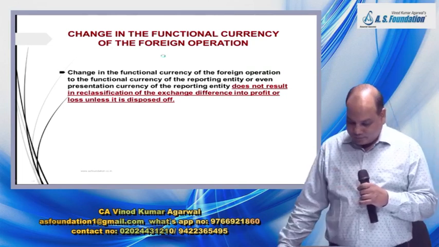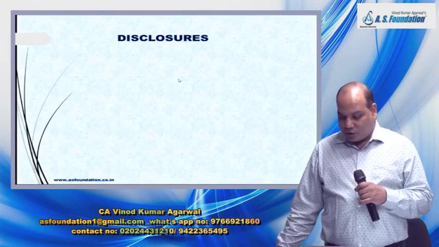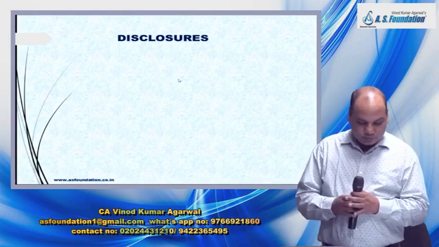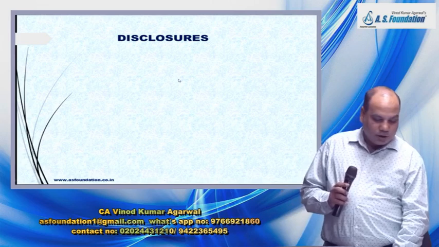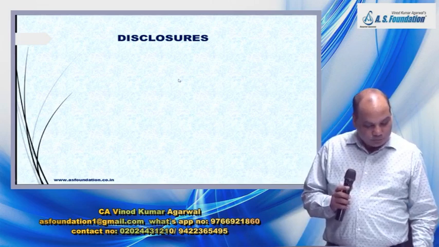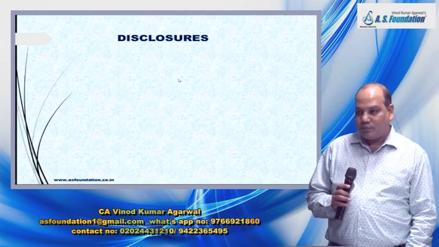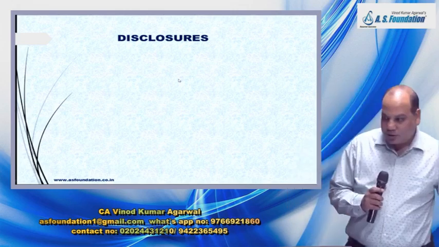Is it right? Standard is also smart. What about income tax effect? All income tax effect, because there is an exchange difference involved, will be adjusted as per IAS 12.